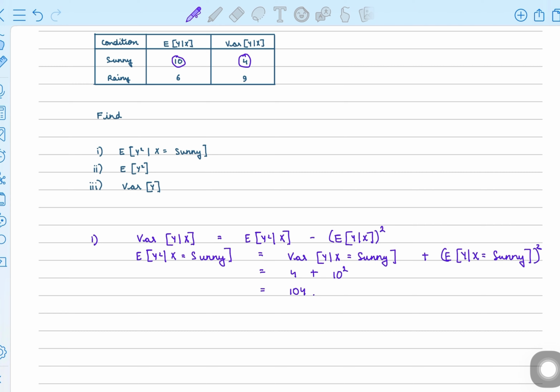Now, let's look at the second part. To solve this part, we use the third identity which we had studied.